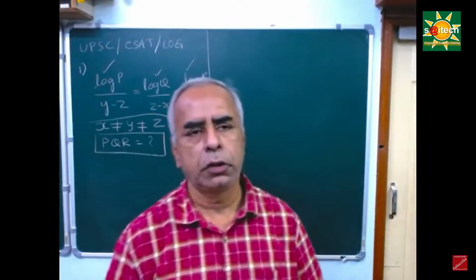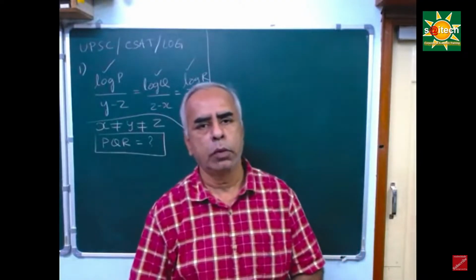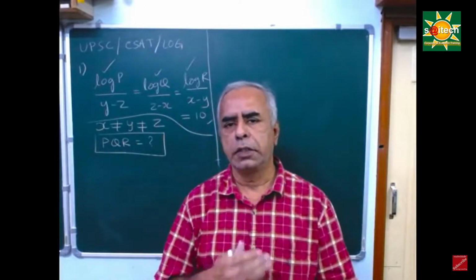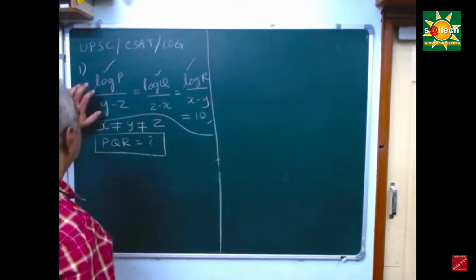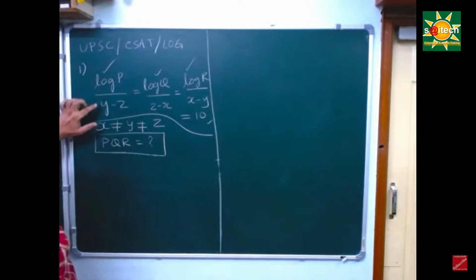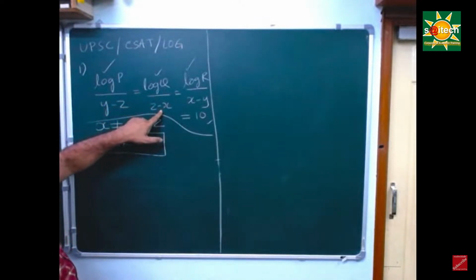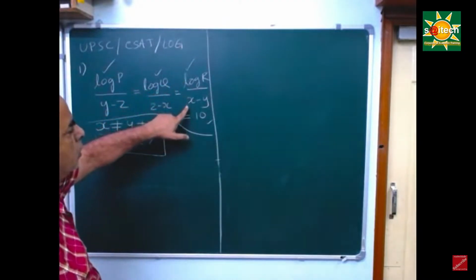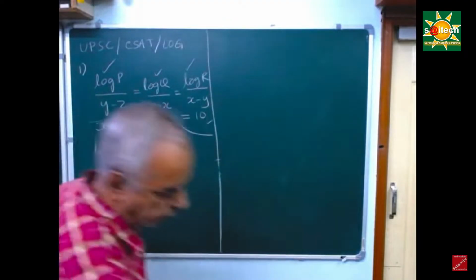Now in continuation of that lecture, let me explain one important problem that has been asked recently in the CSAT examination of UPSC. Now this is the problem given. Log P divided by Y minus Z is equal to log Q divided by Z minus X, that is equal to log R divided by X minus Y. Overall, it is equal to 10.